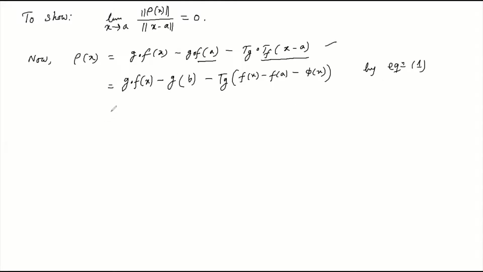Now this is equal to g of f of x minus g of B minus T_G acting on f of x minus B, plus T_G acting on phi of x. So here we have applied the property of a linear transformation, T_G is a linear transformation.